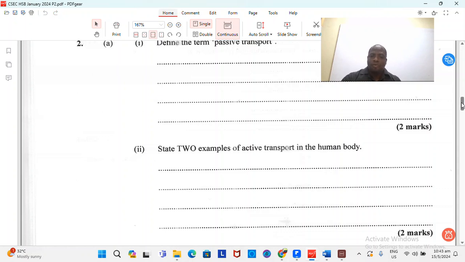Selective in the sense that when you have that filtrate, it contains things like amino acids, it contains other nutrients, glucose. I wouldn't use water because that would have been passive. So those things are reabsorbed into the bloodstream, and this is done by active transport. So in the kidney, the nephron, and also in the small intestine where you have absorption occurring, those are two areas where you have active transport occurring.